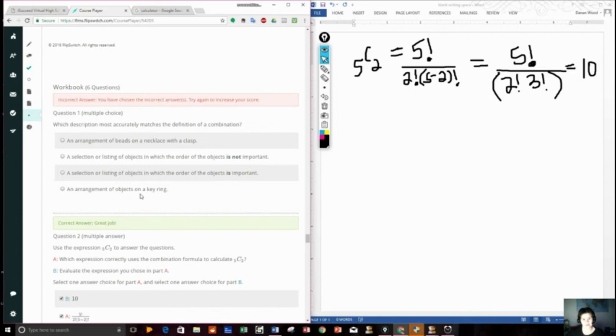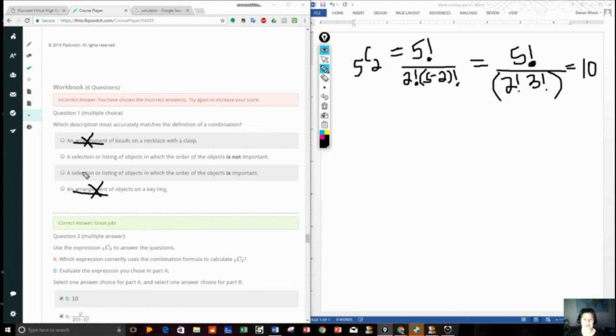An arrangement of objects on a key ring. Okay, 2 things. In the first one, they're using an arrangement, and the last one, they use arrangement. That's a key word for permutation.